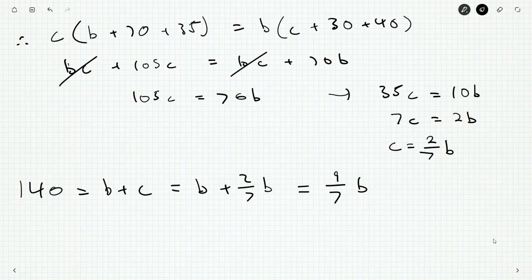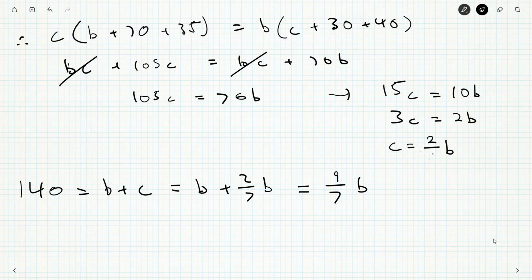But that's okay. Oh, this isn't... What am I doing? I divided by... Yeah, so 105 divided by 7 is not 35. It's 15. Divide both sides by 5, you get a 3 here.